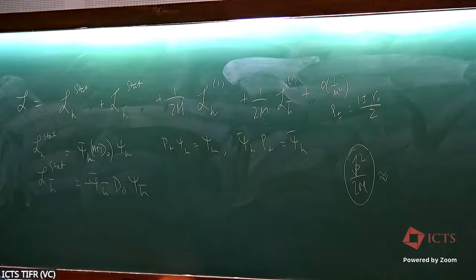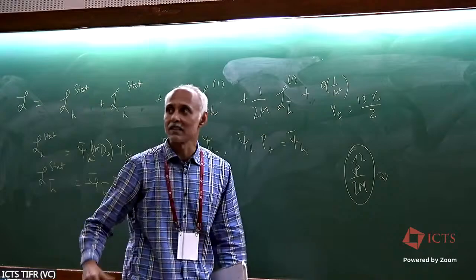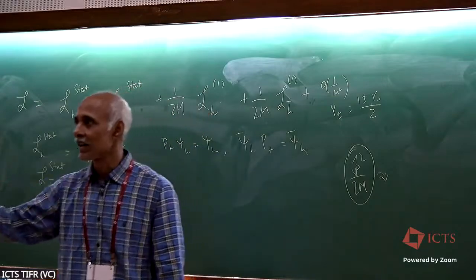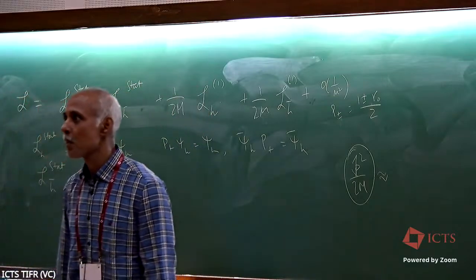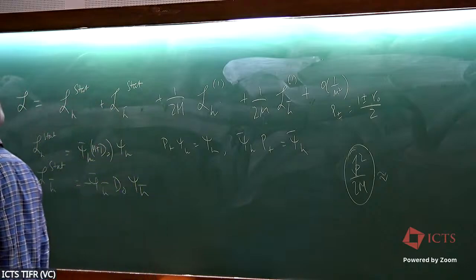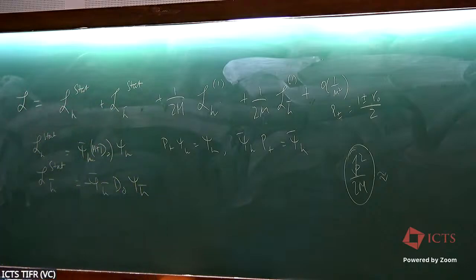But there, what Abhishek said is valid: you cannot take the continuum limit precisely because you now have these 1 over 2m terms, etc., in the Lagrangian, which are of higher dimension. Okay, so yeah, I guess I stop here.